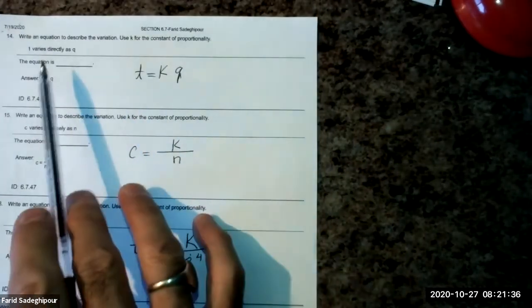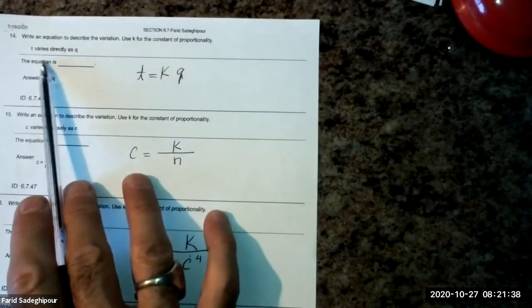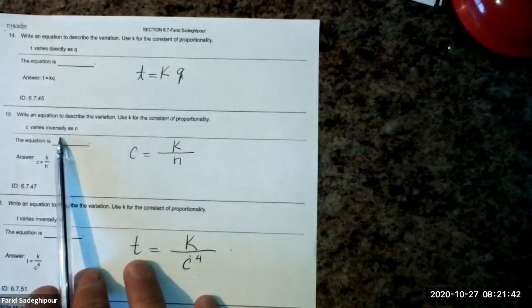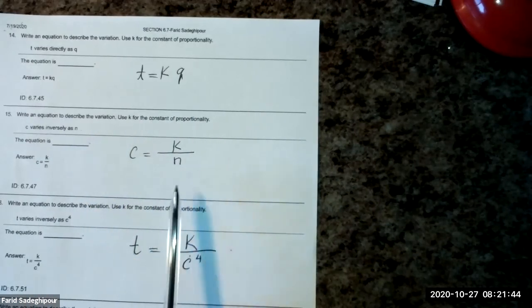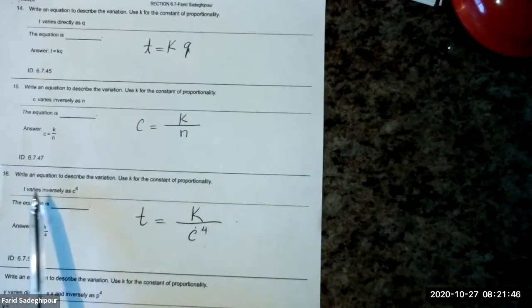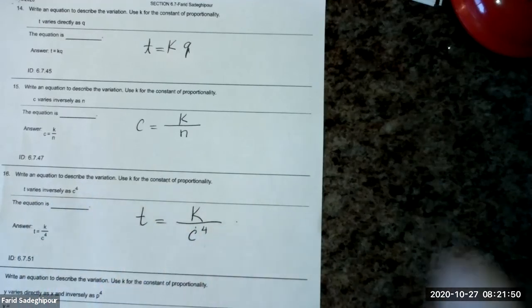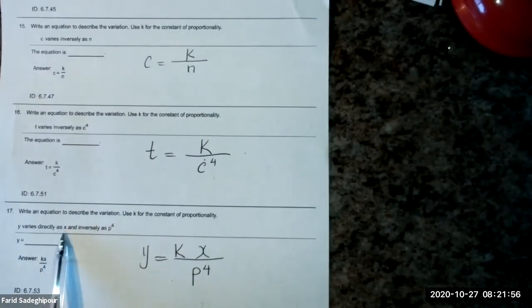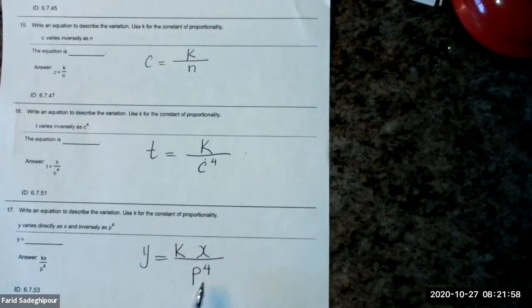And these are, write the equation to describe: t varies directly as k, c varies inversely as n, and t varies inversely as c to the fourth, and the other one is y varies directly as x, inversely as p to the fourth.